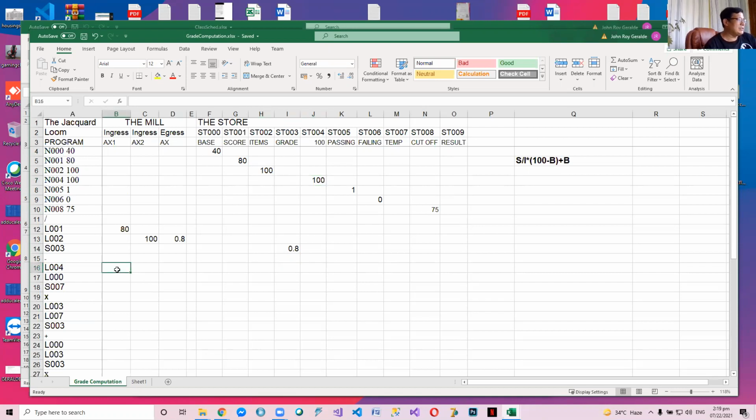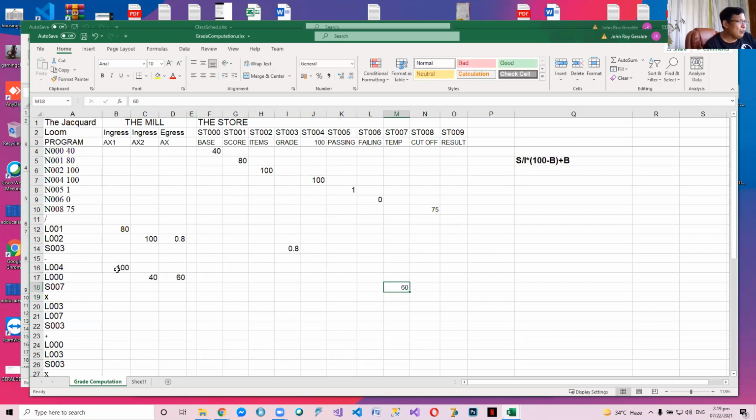So we'll load the base, L004, which is 100, okay? And the base is 40. So 100 minus 40 is 60. And we will store it in the temporary variable, which is 60, so that we'll get hold of it. If we don't get hold of it, we cannot multiply it anymore.